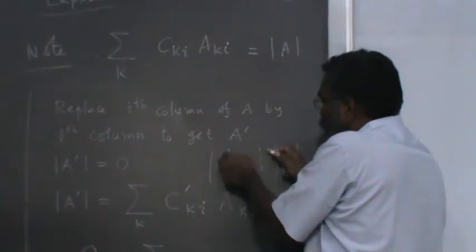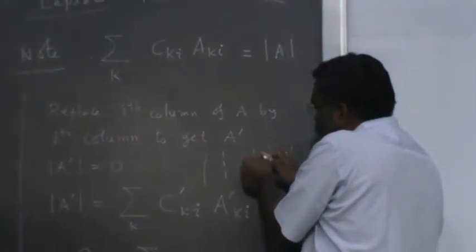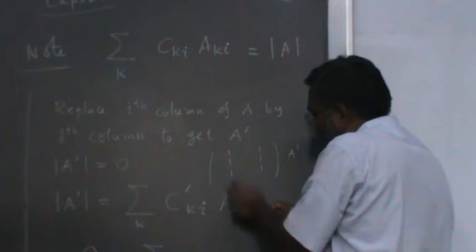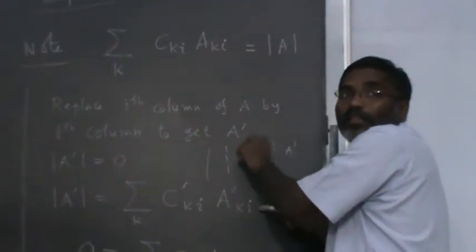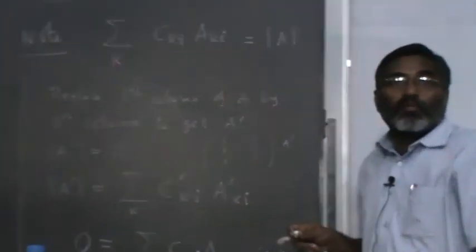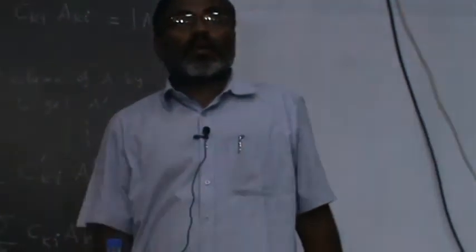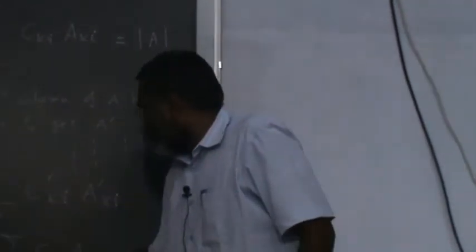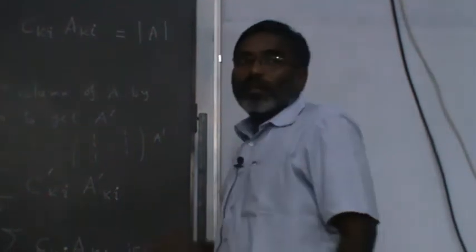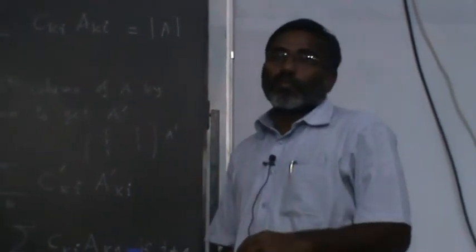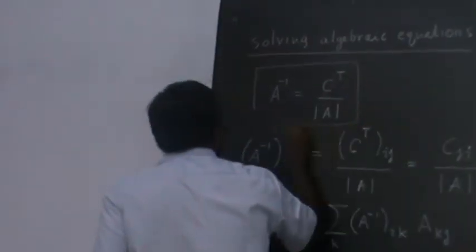So in the kth row, A prime ki is A_kj, because the jth column of A is kept as the ith column to get A prime. And hence this quantity is 0 if i is not equal to j. So this is the proof that A inverse can be obtained by this procedure.